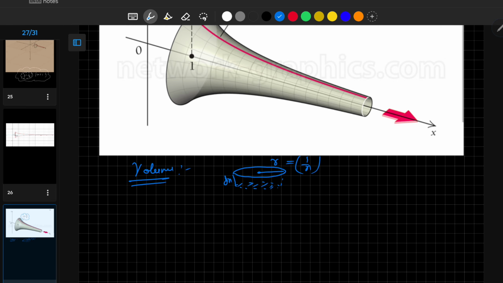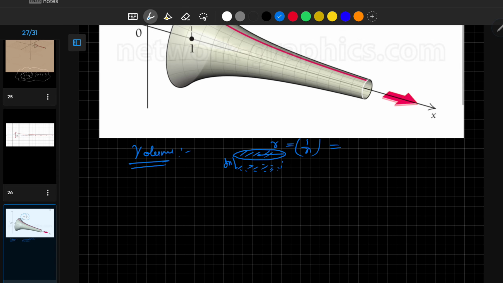So this is a disk, this is the thickness. How do I write its area? It's a small disk, and I write its small area as pi times 1 by x square. And what would be its volume? Volume would be area into the thickness, and it would be this.